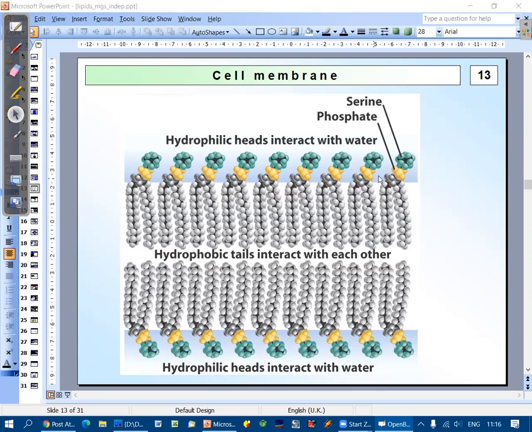So this part is the polar part. It contains oxygen atoms and phosphorus atoms and nitrogen atoms. So this part is polar.